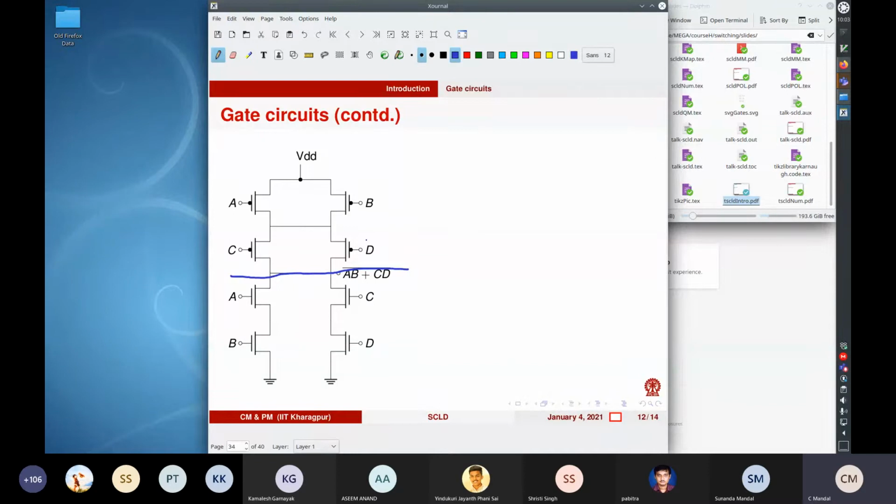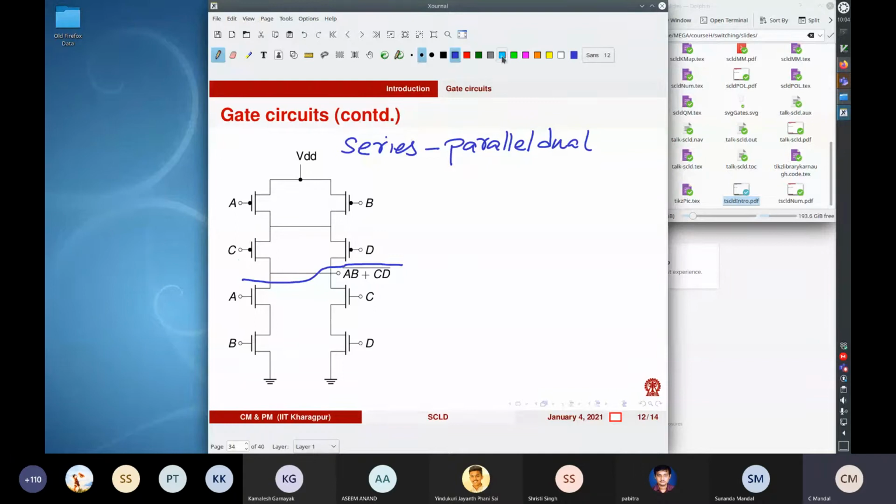Okay, this is the output. Let me just redraw this. So it can be split around this output line. So you have a series parallel dual. Okay, so let us see.